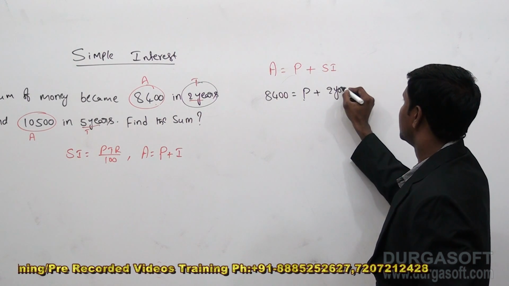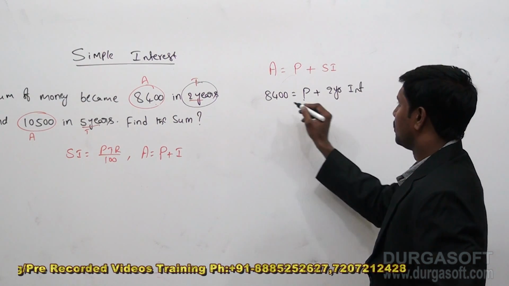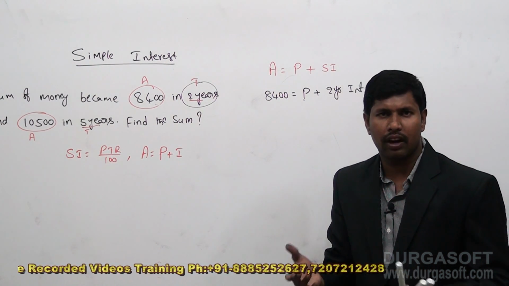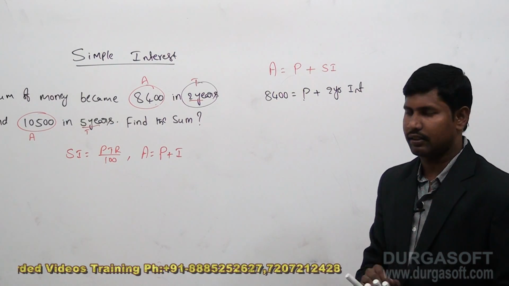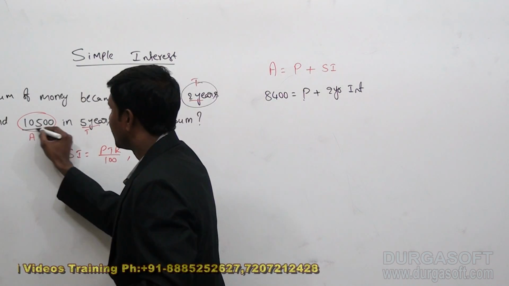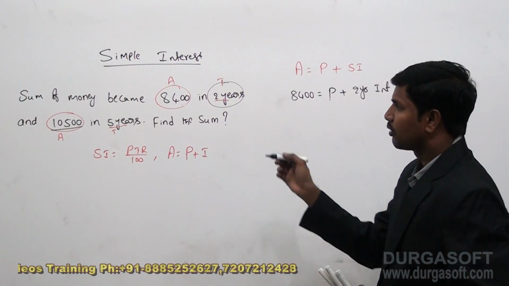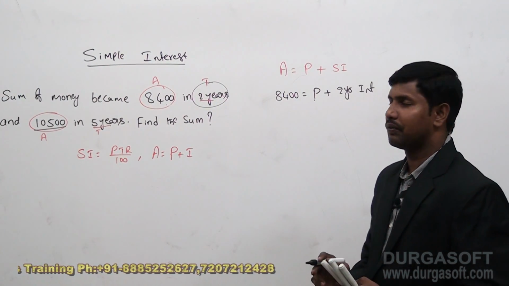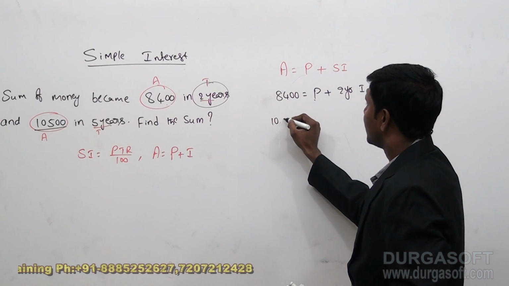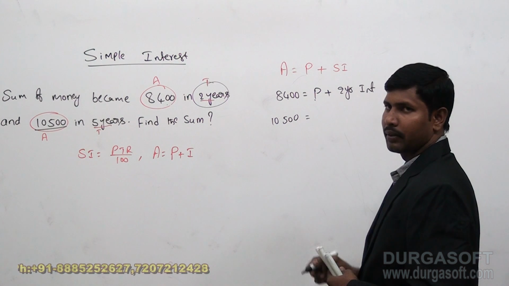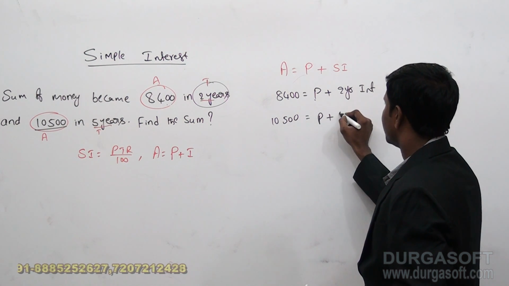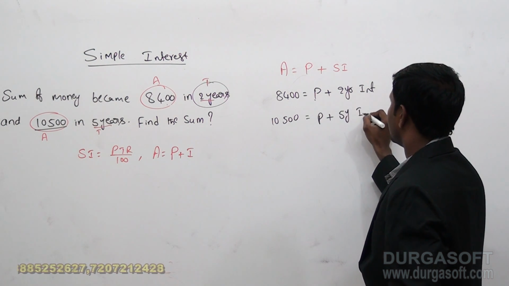So 2 years interest. So this 8,400 is what? Simply our principal amount plus 2 years interest. Now when you consider 10,500 is also amount at the end of 5th year. So amount at the end of 5th year is equal to principal amount plus 5 years interest.